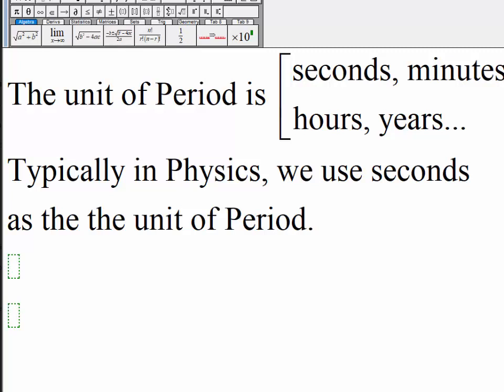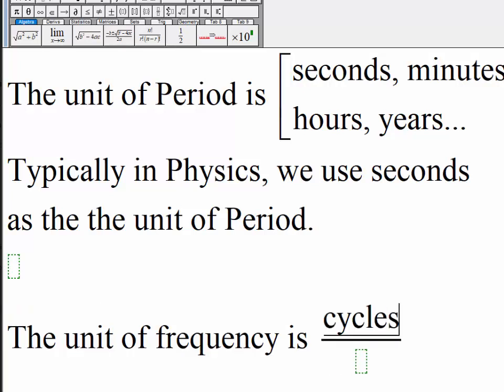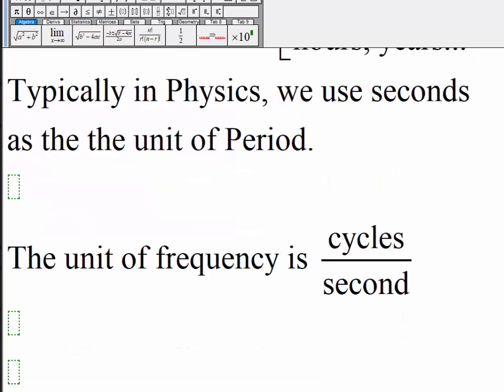Frequency is how many cycles of the wave pass in 1 second. So the unit of frequency is cycles per second, and cycles per second has a nickname.